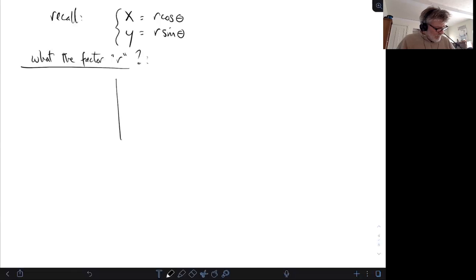Suppose that you take in the XY plane a small rectangle, think of delta X, delta Y, of width delta X and height delta Y. So it has area delta X delta Y, and it doesn't matter where it is. You can move it around and it always has the same area.